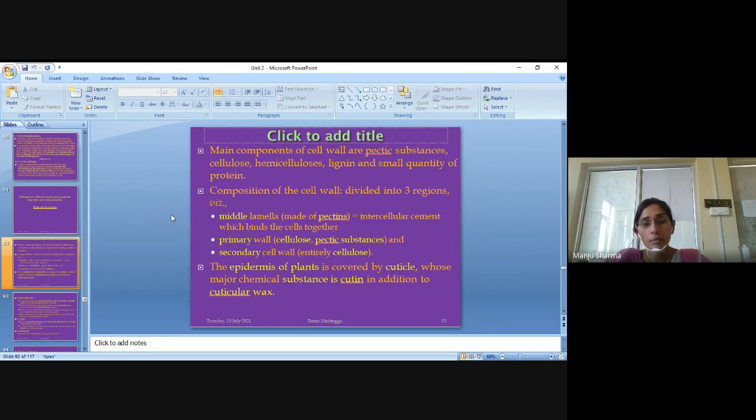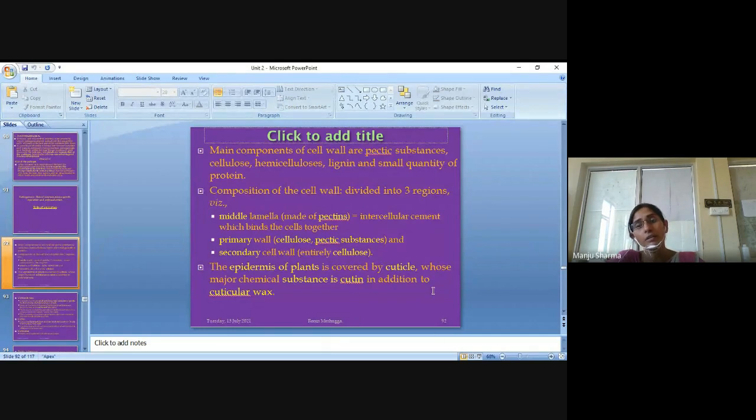The epidermis of the plant is covered by the cuticle, whose major chemical substance is cutin, in addition to cuticular wax. The cuticle is hard, so sometimes it is very difficult for the pathogen to penetrate the cell wall.